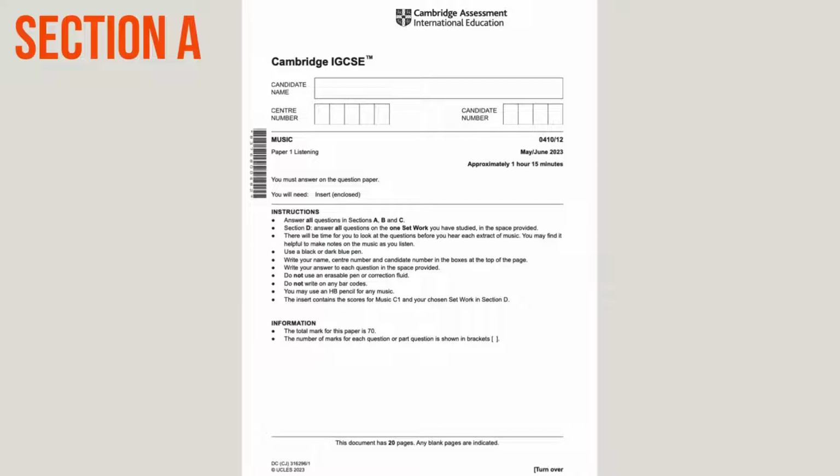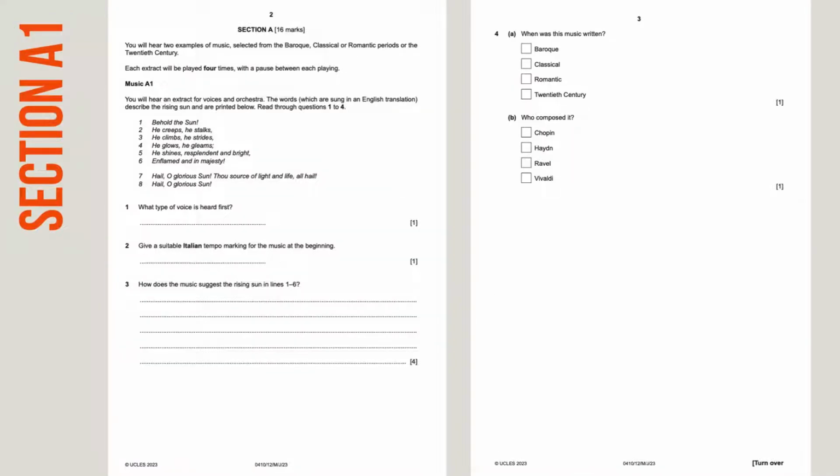Section A. You will hear 2 examples of music selected from the Baroque, Classical or Romantic periods or the 20th century. Each extract will be played 4 times with a pause between each playing. Music A1. You will hear an extract for voices and orchestra. The words, which are sung in an English translation, describe the rising sun. Read through the questions now.